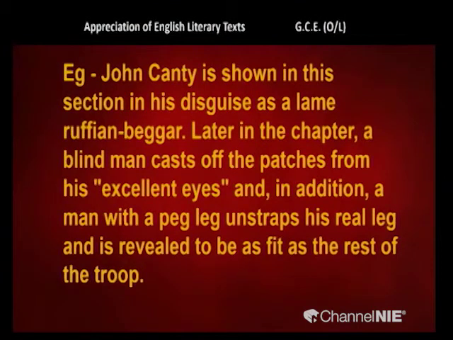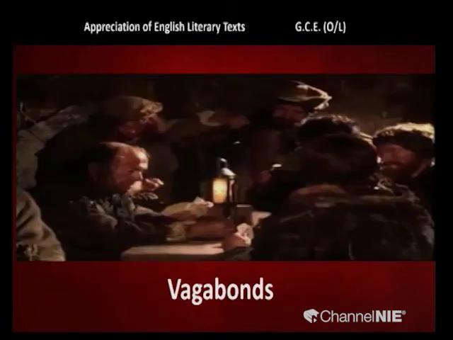Later in the chapter, a blind man casts off the patches from his excellent eyes, and in addition, a man with a peg leg unstraps his real leg and is revealed to be as fit as the rest of the troop. Now in the picture you can see the vagabonds.